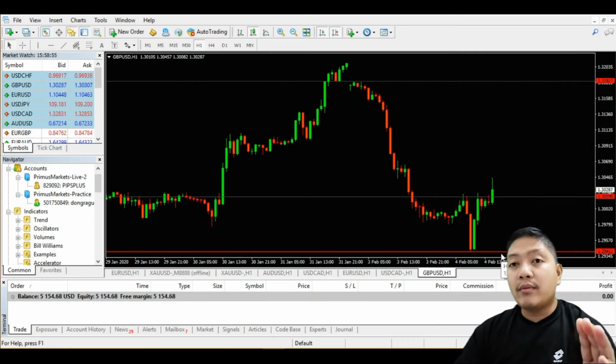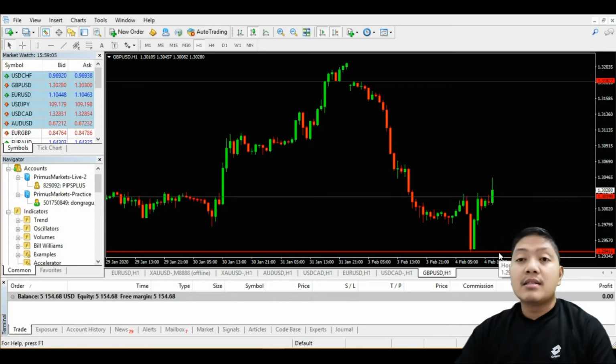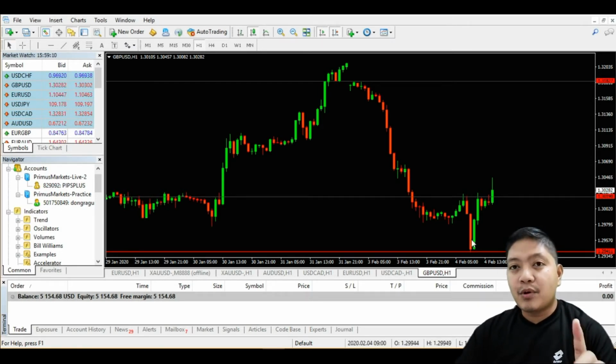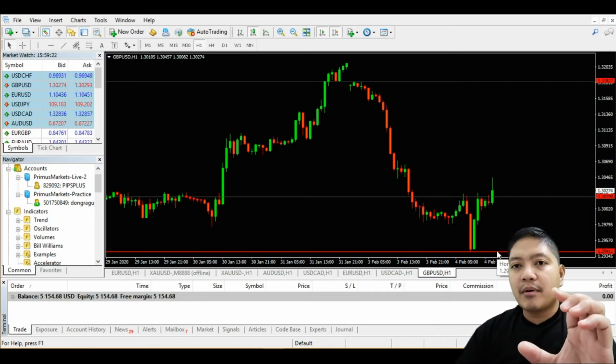So 0.1 means every pip you lose is about $1. That means you will be losing about $78 on this particular trade, right? So around that value, I'm losing about $78.